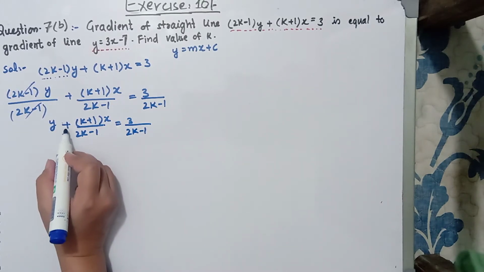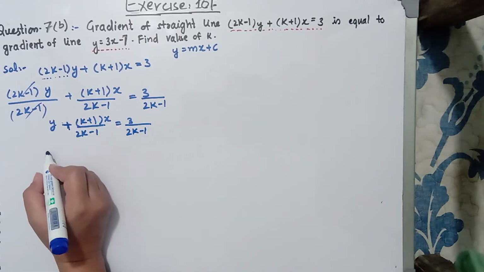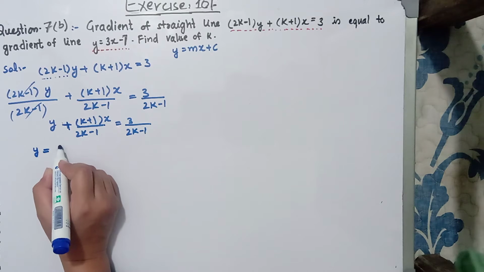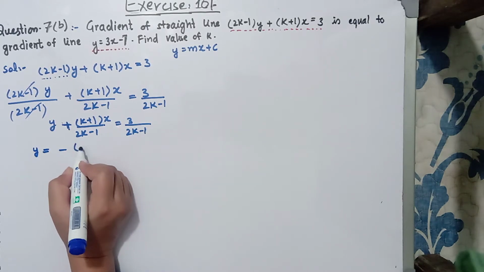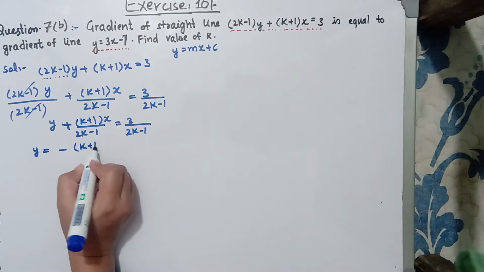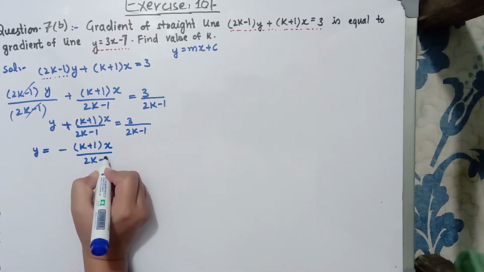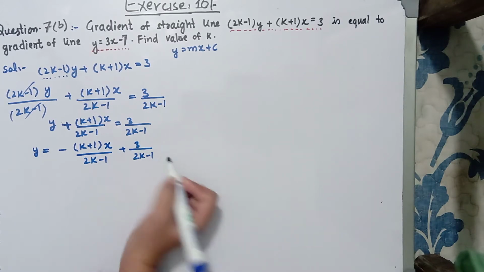Now I'll take this term to the opposite side and I will get y equals minus (k plus 1) into x over 2k minus 1 plus 3 over 2k minus 1.